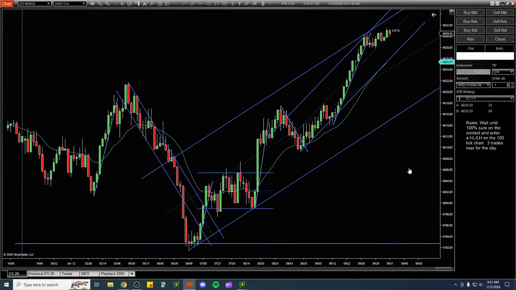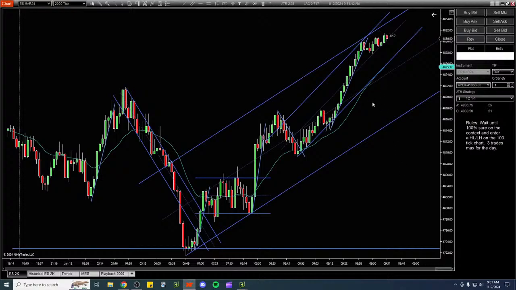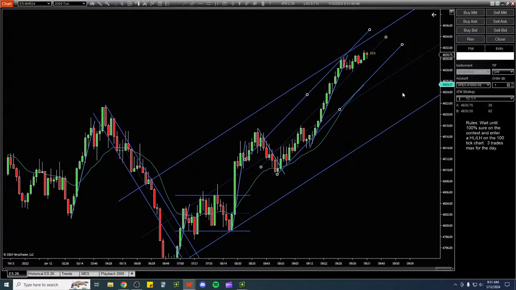Okay, let's see what's going to happen. I want to see what prices are going to do as they return to this trend line. That's my first question or target here.